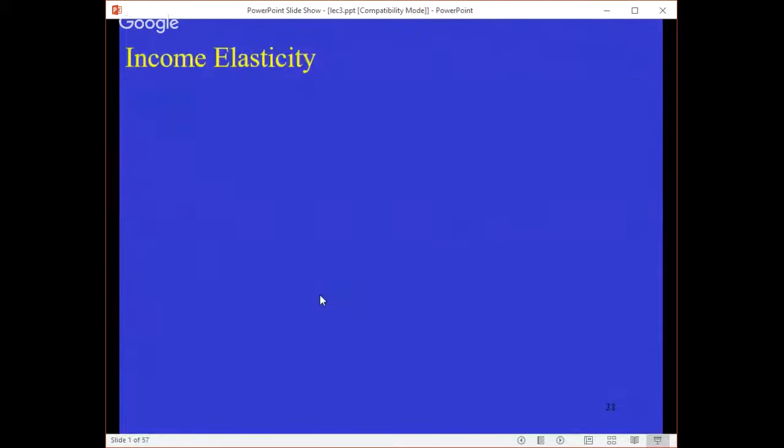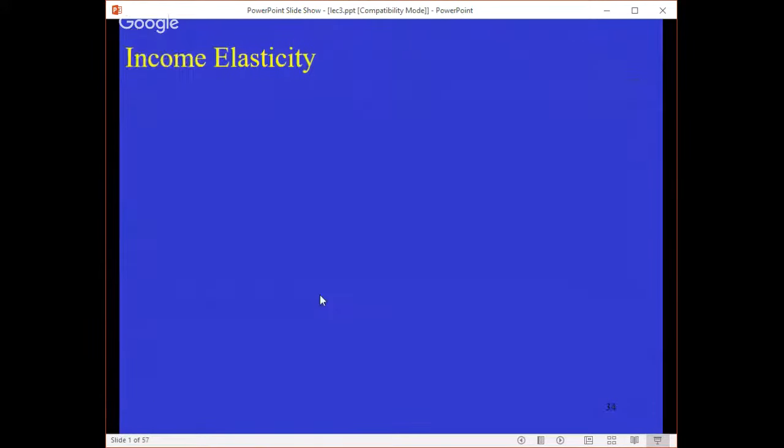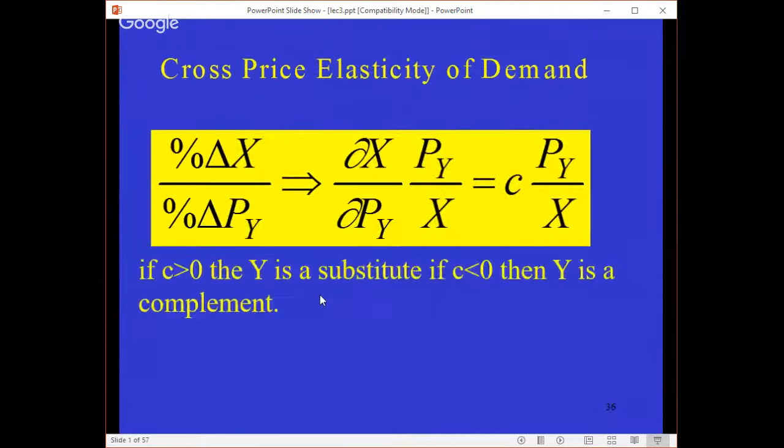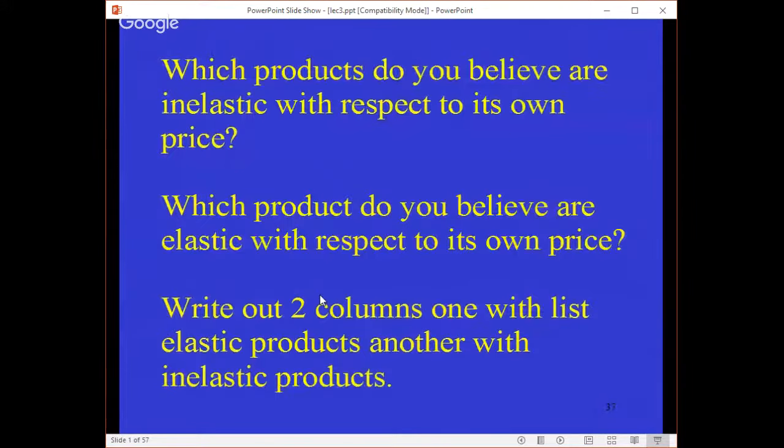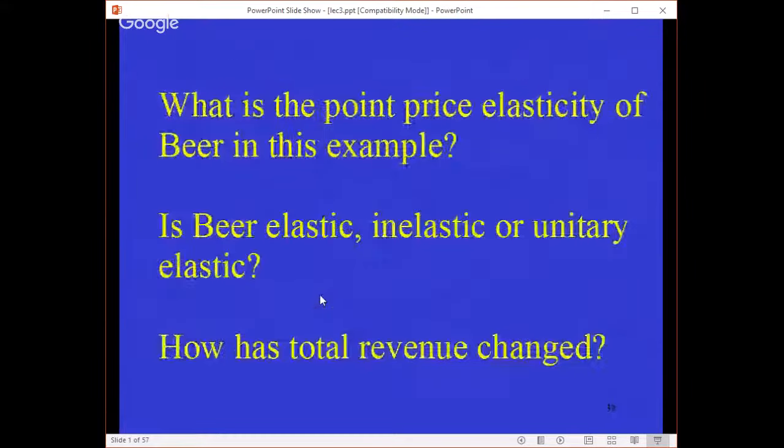What happened to revenue? I know that since it's inelastic, total revenue should increase, by what we talked about. Did it increase?